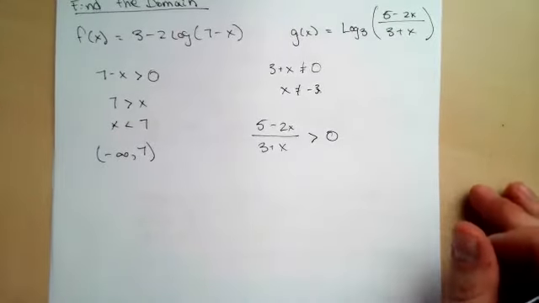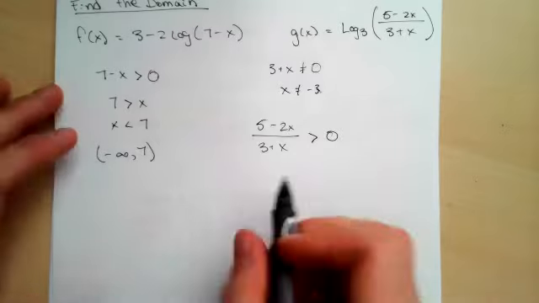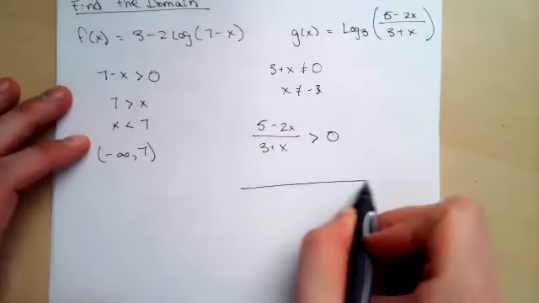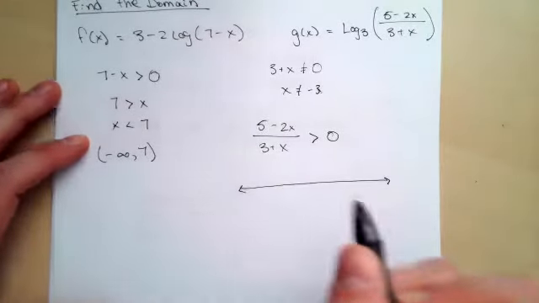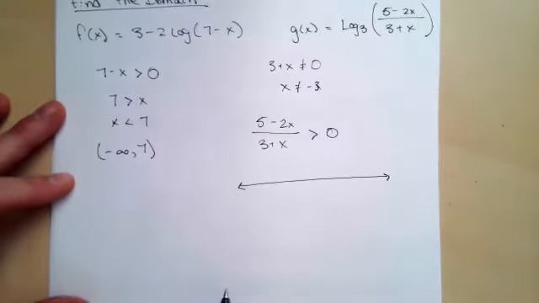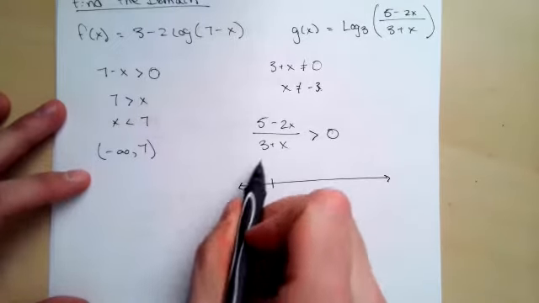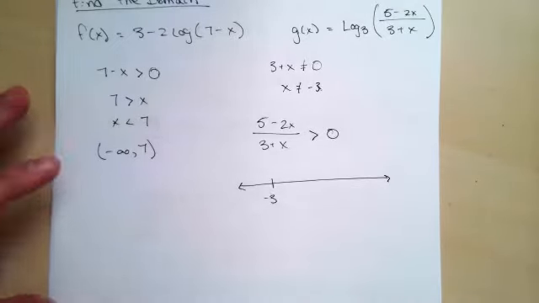And now we have to remember how to do these. So we want to create our number line. And what do we need to plot? We need to plot the zeros of the denominator and the zeros of the numerator. Zeros of the denominator, hopefully everyone can see, is negative 3.